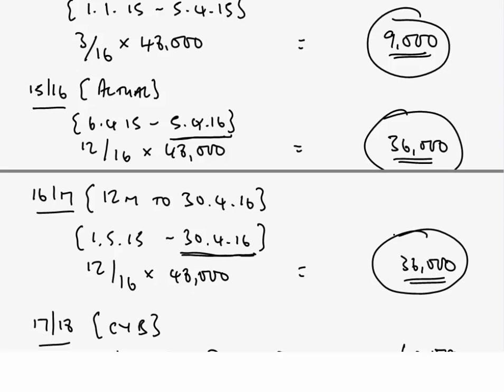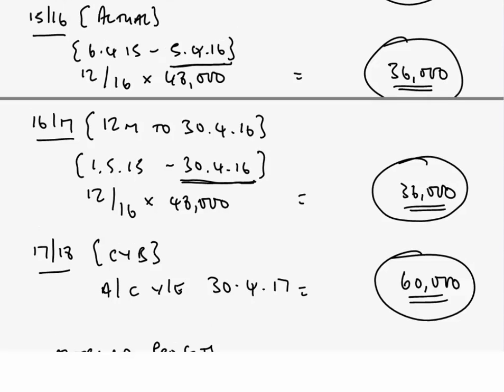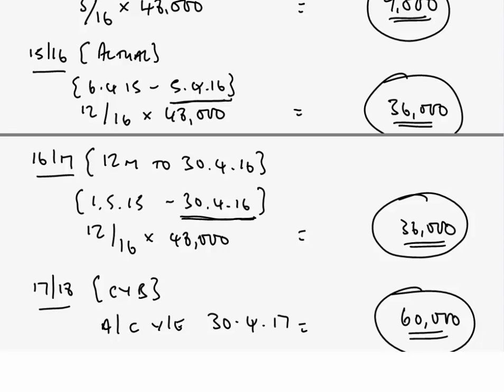And look what happens. We've got, again, 36,000. It's not until 1718 that the £60,000 comes up for assessment. So in that third year, if you'd chosen 30th of April, your assessment was 36,000. If you'd chosen 31st of March, your assessment was 60,000.